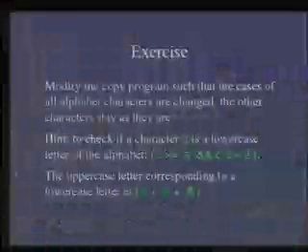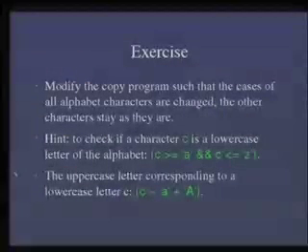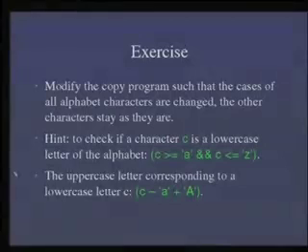So now how do we check whether, for example, the character c is a lowercase letter of the alphabet? We don't need to compare the value of c with all the lowercase alphabet letters from a to z, because remember that in the ASCII codes of the various characters, the codes for the characters a to z are one after the other.